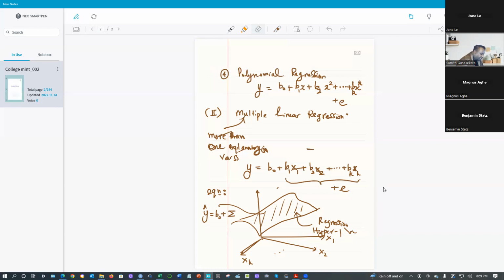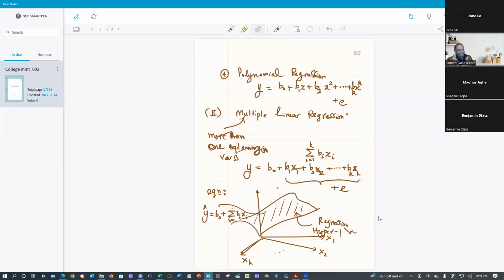Summation of b i x i, where i goes from 1 to k.